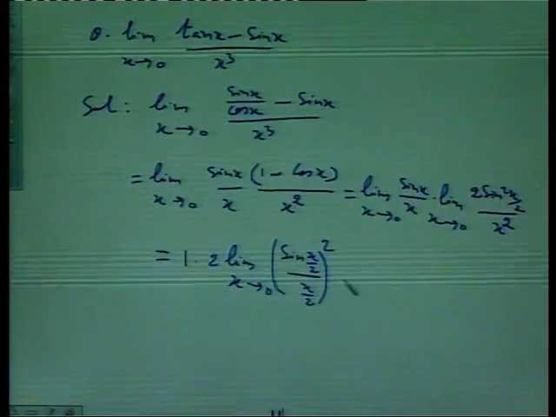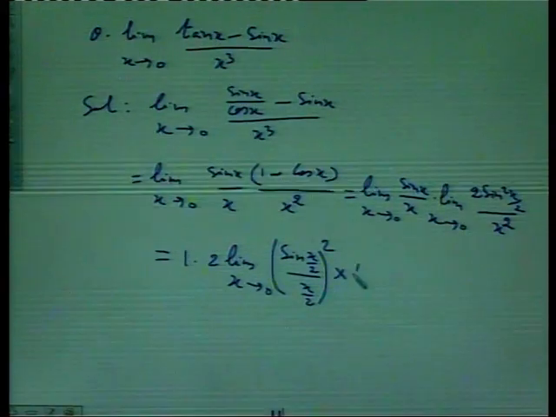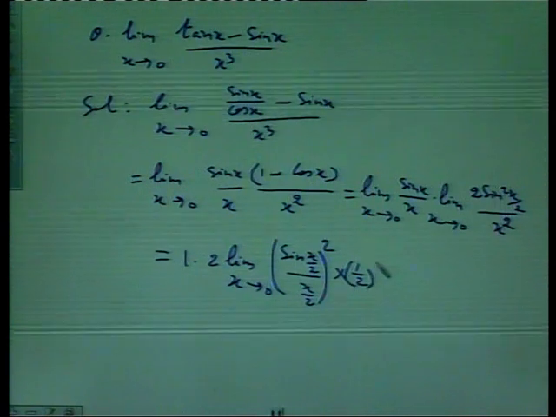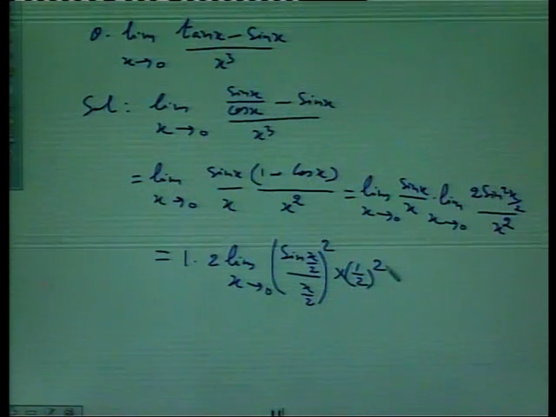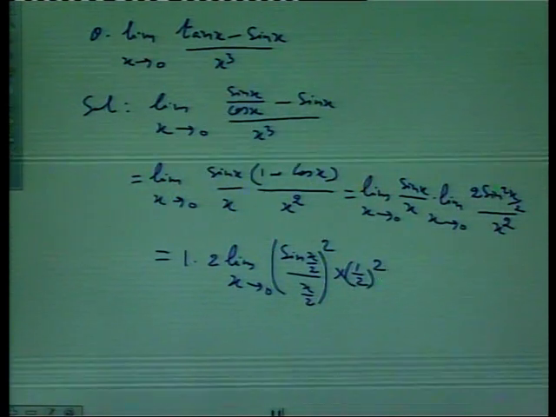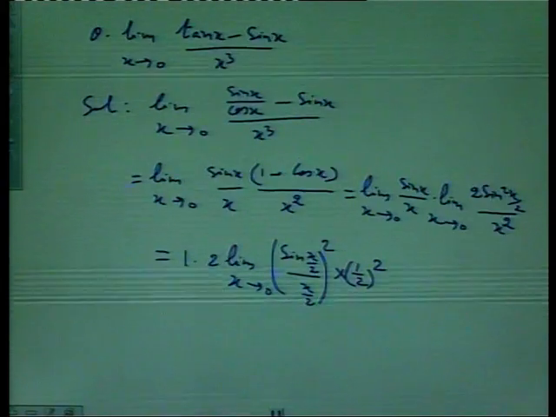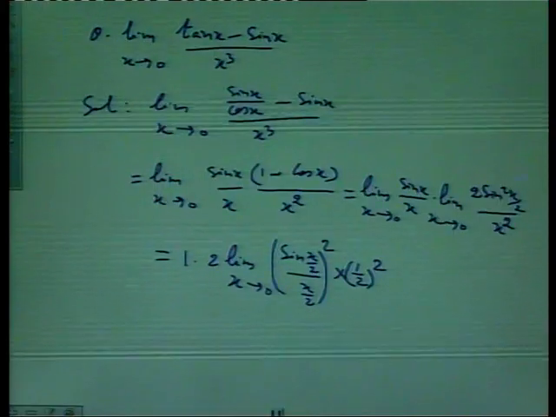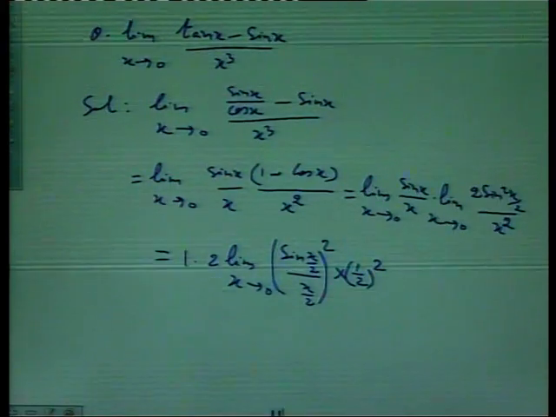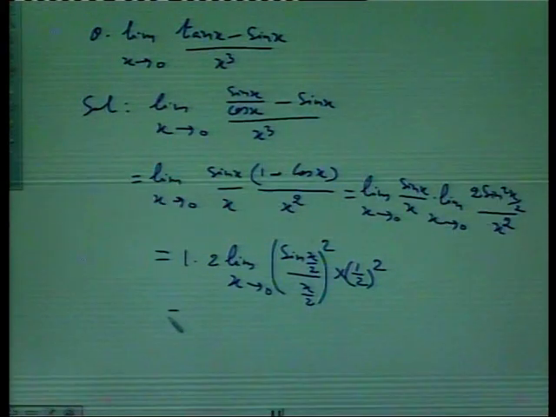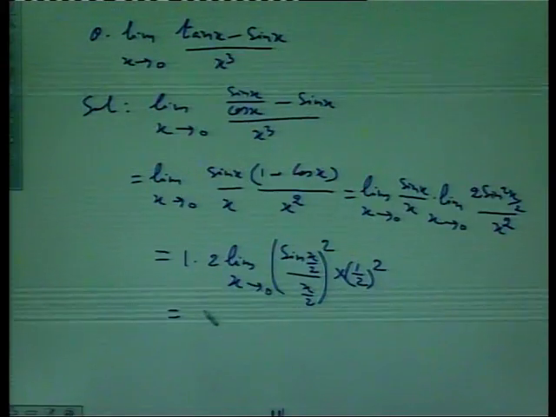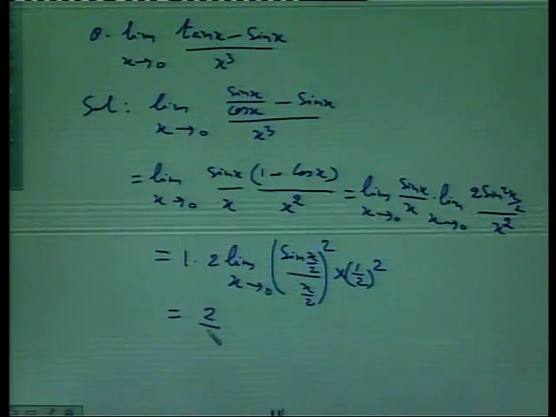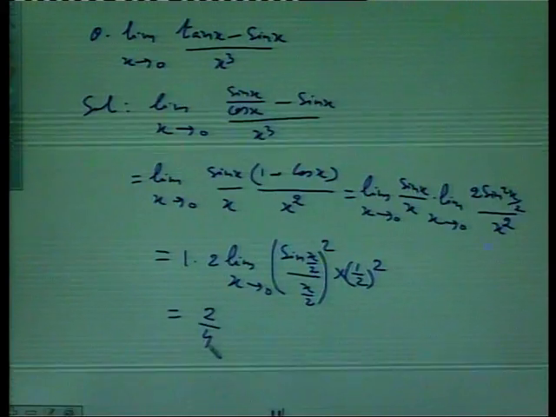If we are dividing by 1 upon 2 whole square, we will multiply by 1 upon 2 whole square as well. After doing this, 1 upon 4 can be taken outside.